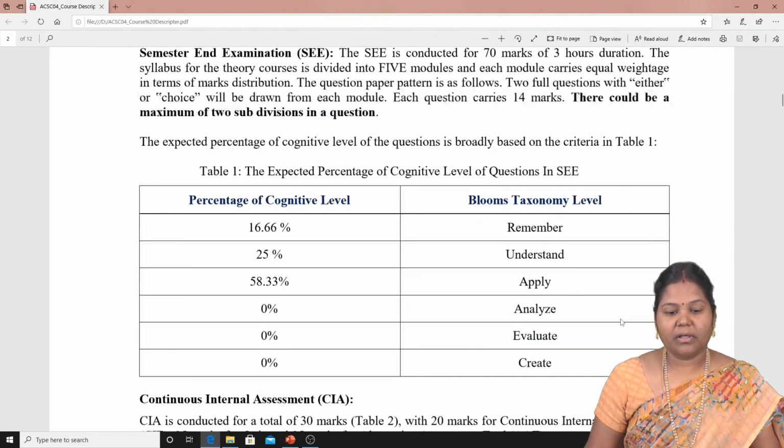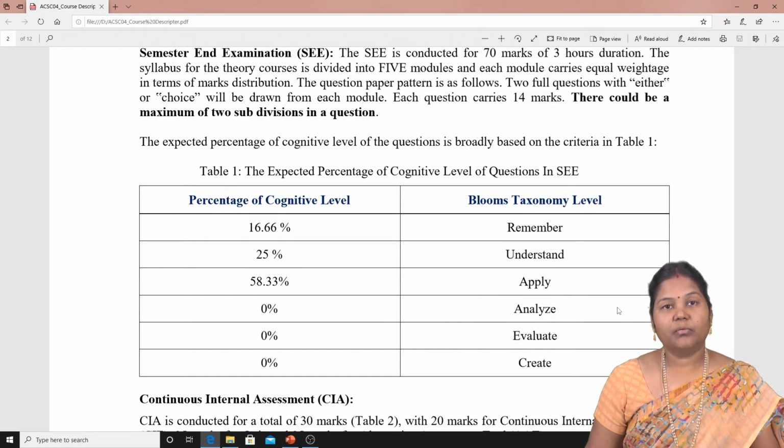So next we will talk about the cognitive level of the students. If you talk about the Bloom's taxonomy levels, here only around 15 to 20% is at the remember level and 25% of the course is at the understand level, followed by the students need to apply the concept for solving various problems.